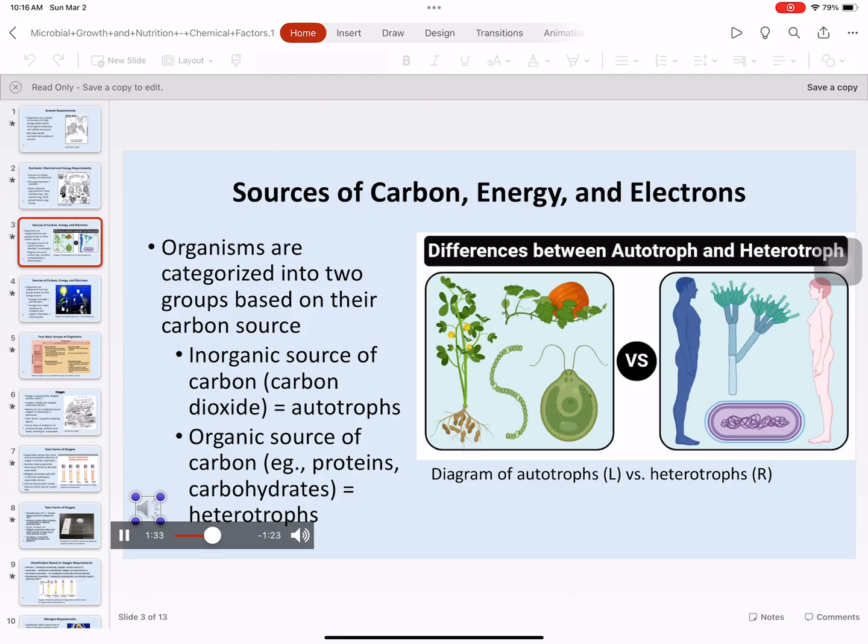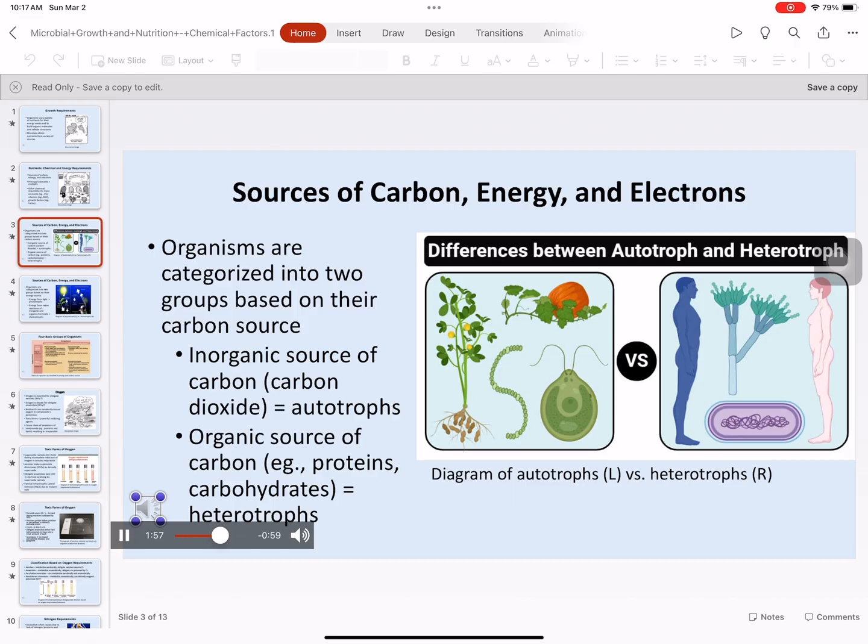Other organisms, like us, require organic sources of carbon. We require our carbon to be already fixed. So, for instance, we consume proteins and carbohydrates that the autotrophs have produced for us.